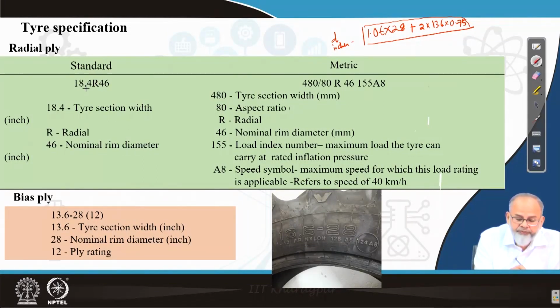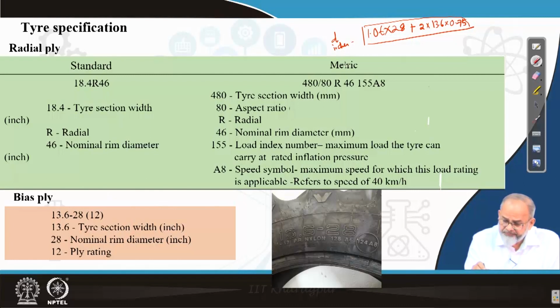So 18.4 is again the tire section width, which is in inches, and R represents that the tire is radial, and 46 represents nominal rim diameter. And you can follow the same rule, whatever I mentioned here, 1.06 times the nominal rim diameter plus twice the section width into aspect ratio. So that will give you diameter of the radial ply tire.